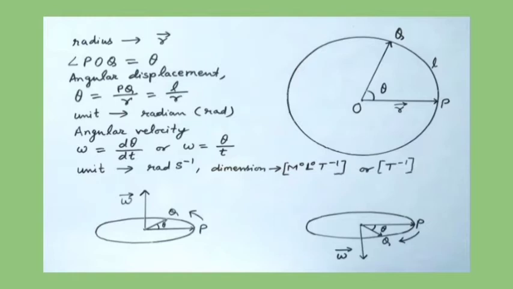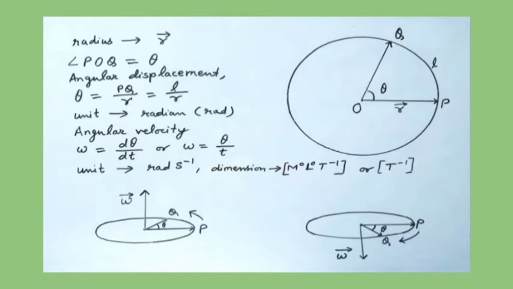Unit of theta is radian. As you know already, it is a dimensionless quantity. The direction of angular displacement is outward of the plane of motion if the circular motion is anticlockwise, and it is inward of the plane of motion if the circular motion is clockwise.